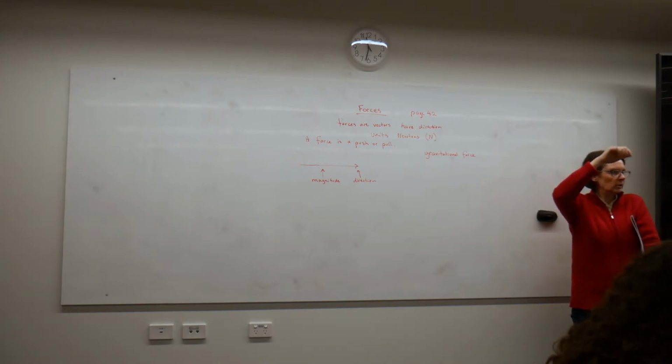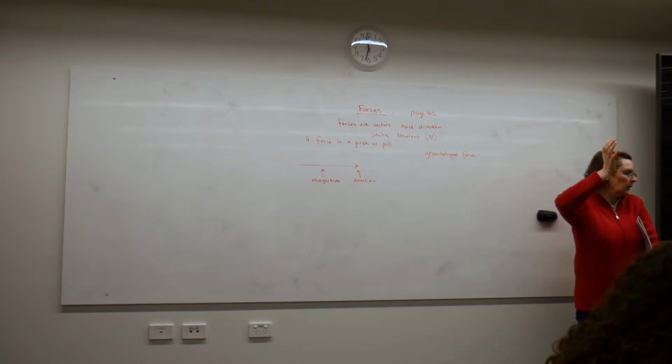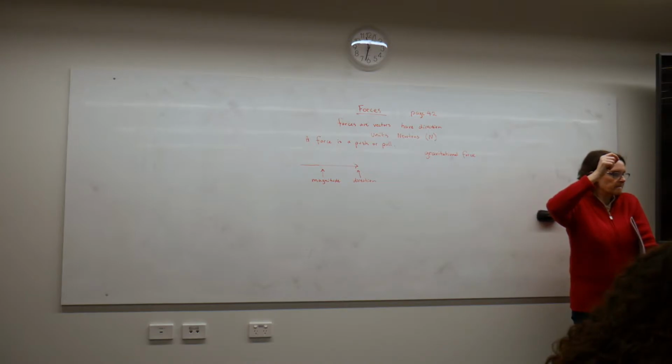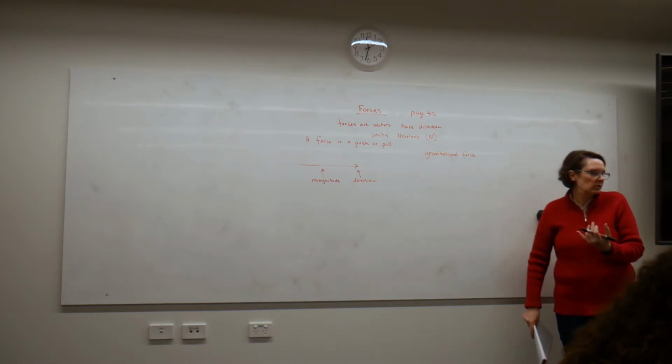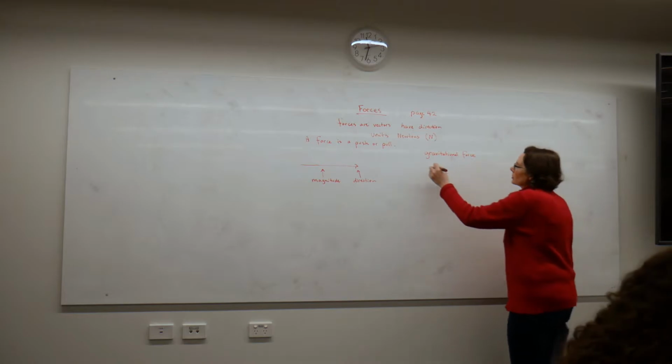The string, but it's something about the string, because that string would just hang there without the lead weight. It's the tension in the string. So we can have a tension force.